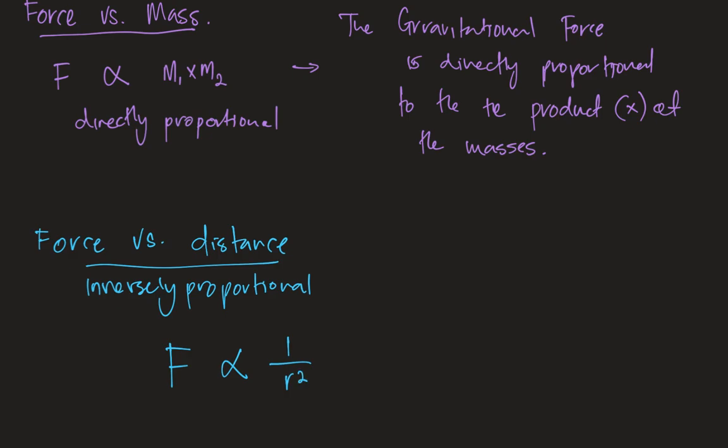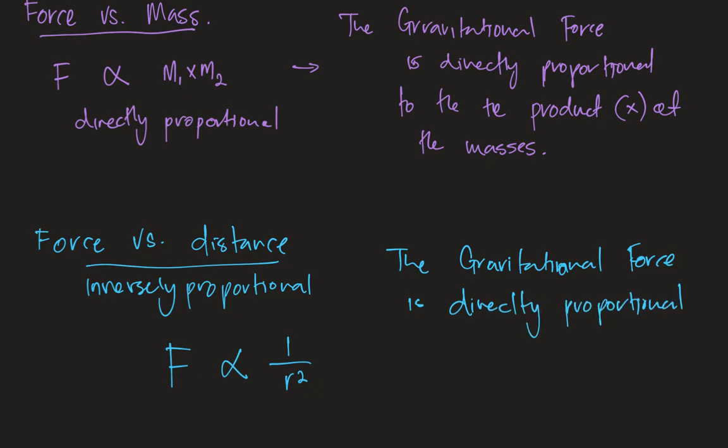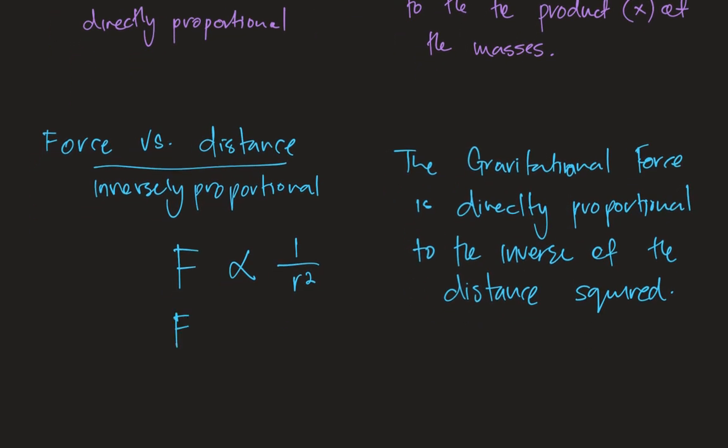So the gravitational force is directly proportional to the inverse of the distance squared. I can even write that as force is directly proportional to 1 over distance squared.